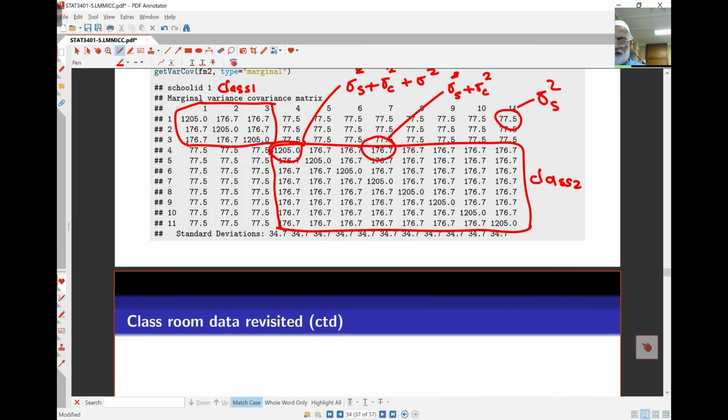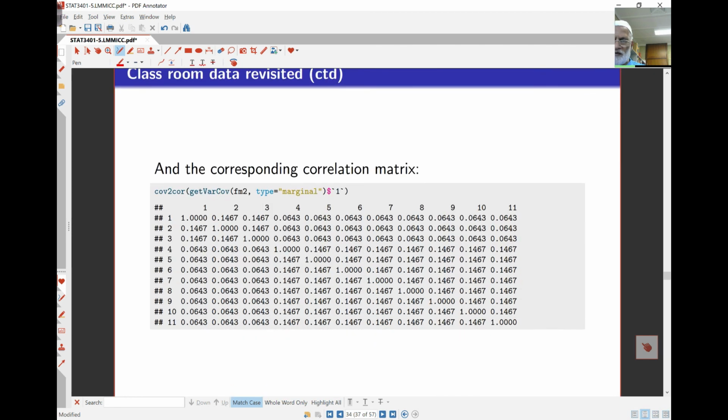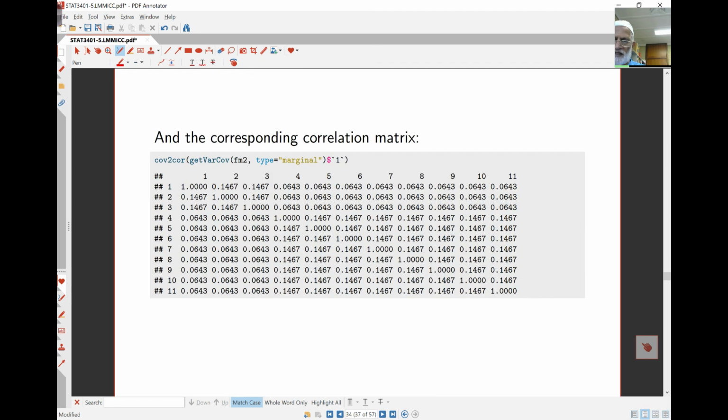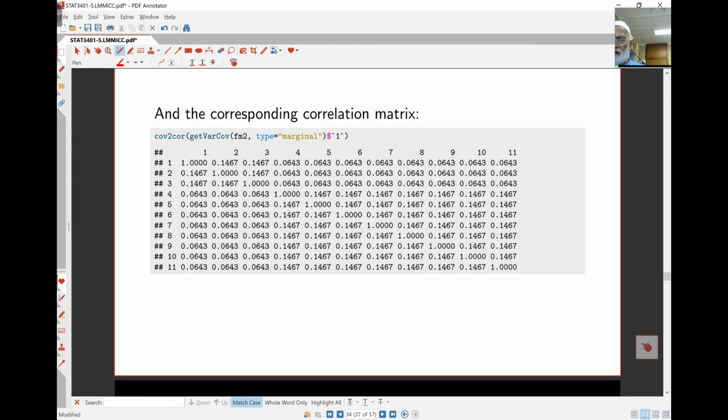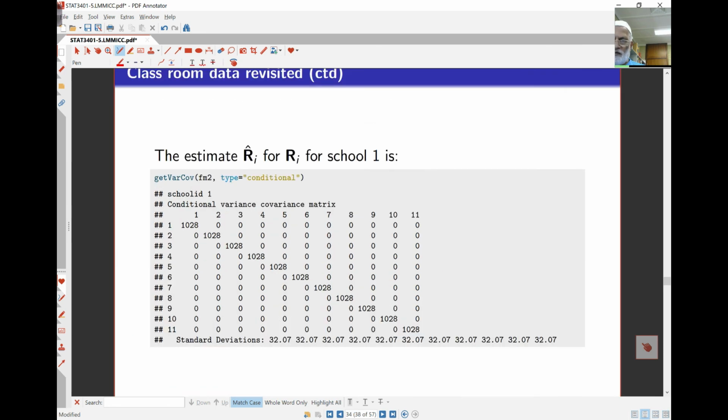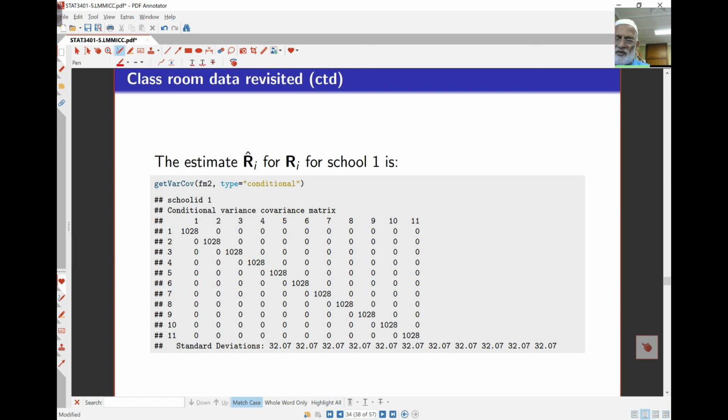Then all we've done is work out the correlation matrix, found by dividing the entire matrix by the diagonal elements, and the diagonal elements we saw were the same. And finally, for school 1, this is the variance covariance for the conditional model, which is going to be sigma squared, the error term.